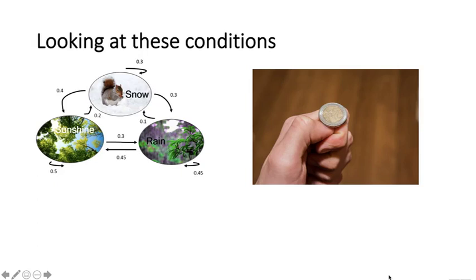And guys, take a look at these conditions. There's a shifting from snow to sunshine, and then sunshine to the rain, and this is the probability, right? And also when we toss a coin, there are two sides, right? Side A and side B, and after we toss, we will see what will be coming out.